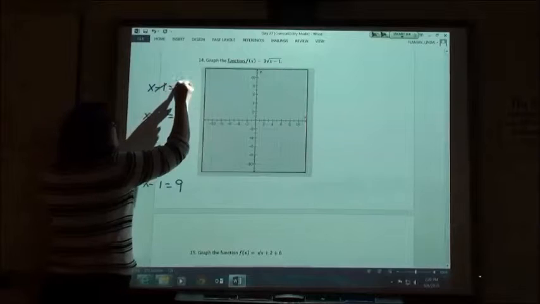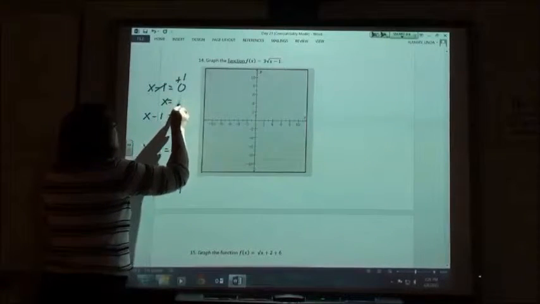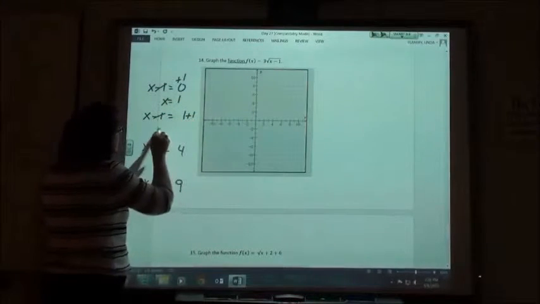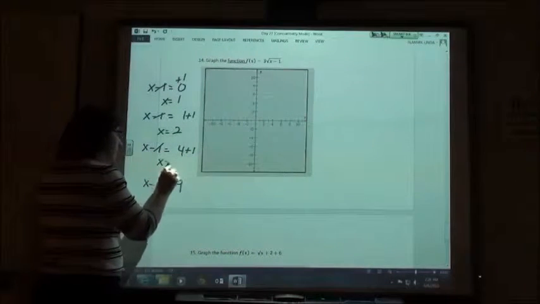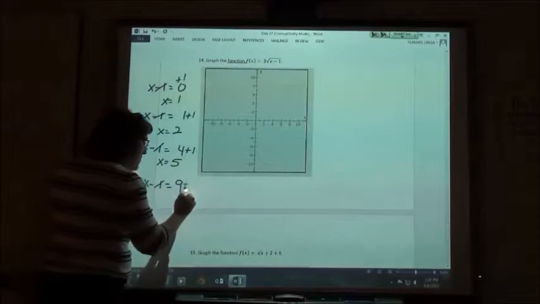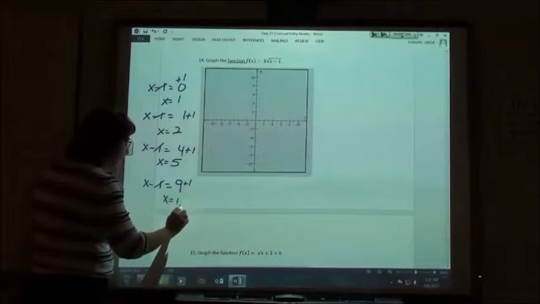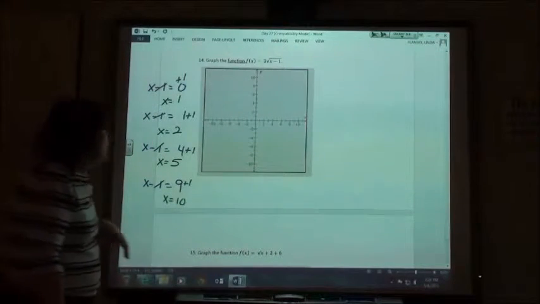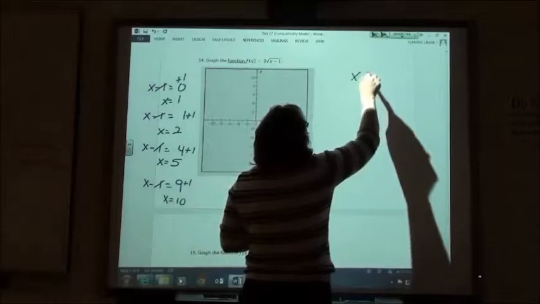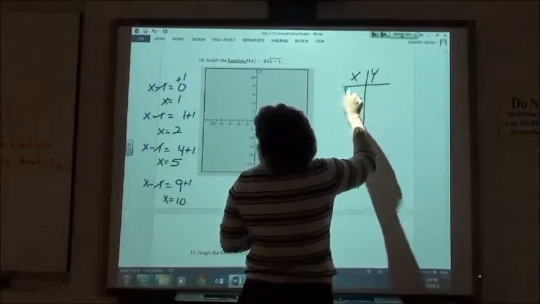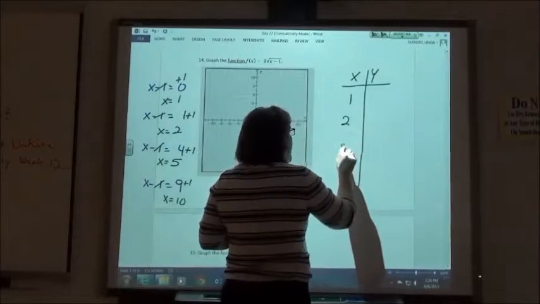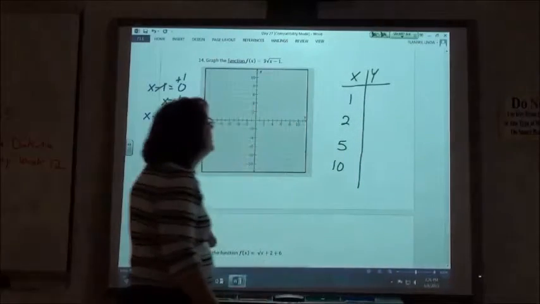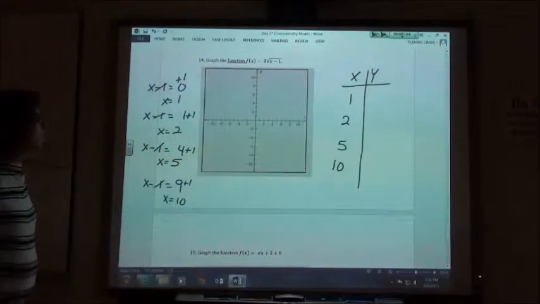So I'm going to add my 1, x equals 1, add my 1, x equals 2, add my 1, x equals 5, add my 1, x equals 10. So in my table, I am going to use the numbers 1, 2, 5, and 10. And then I'm going to plug them into the original equation and solve.